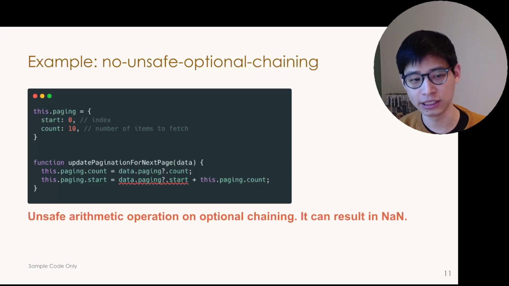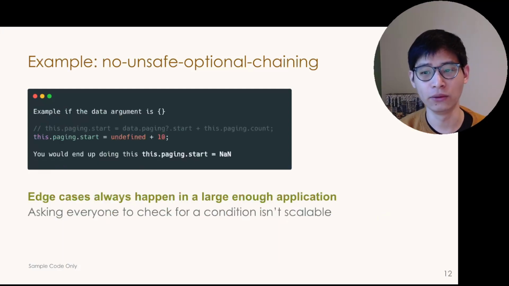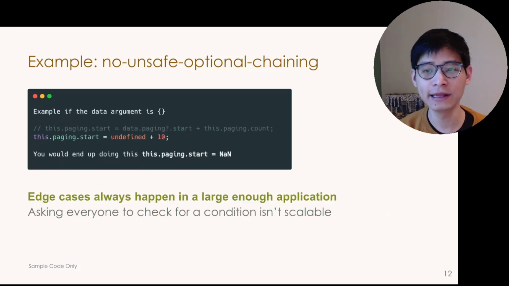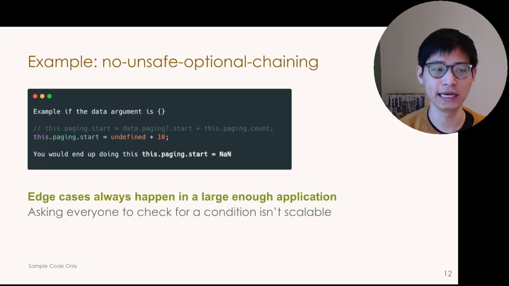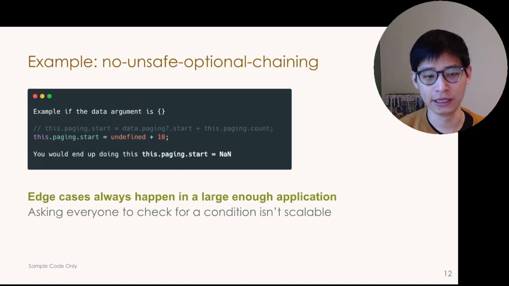However, the lint rule catches that you're doing some unsafe operation that could result in not a number. So what will happen here is that if your data.paging.start, the data that you received, was actually undefined, then when adding it to the existing object, let's say 10, you will result in a not a number.